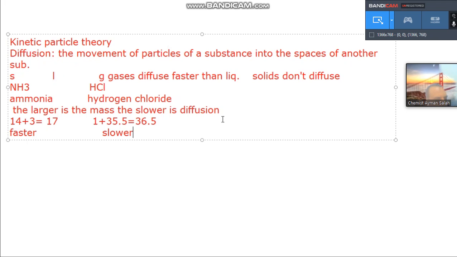Okay? And the other cotton wool is soaked in hydrochloric acid, which gives hydrogen chloride. It evolves hydrogen chloride.